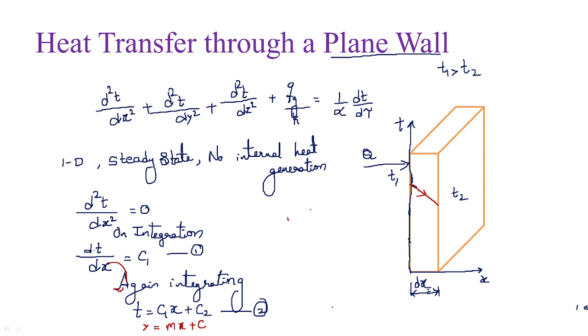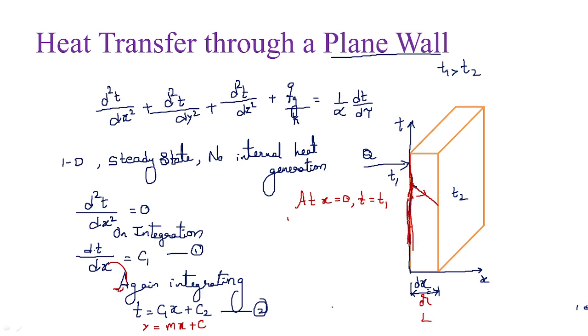Now what we need to do? There are certain boundary conditions we come across. This thickness we have considered to be dx, or we can write it as L. The boundary condition at x is equal to 0: temperature T will be equal to T1, that is the left side of the wall.